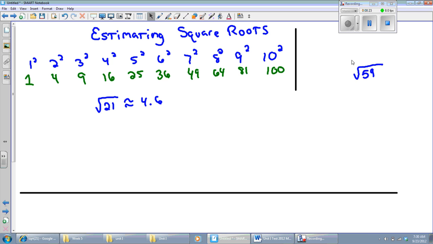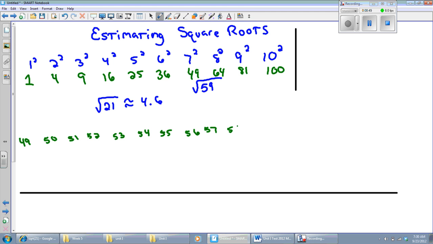First, I'm going to find the two perfect squares that 59 falls between. It looks like it goes between 49 and 64. So I'm going to list 49, 50, 51, 52, 53, 54, 55, 56, 57, 58, 59, 60, 61, 62, 63, 64.